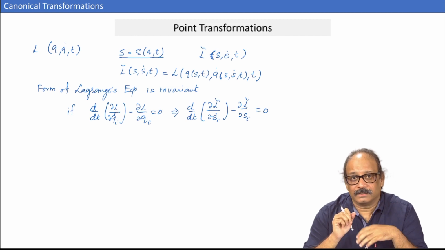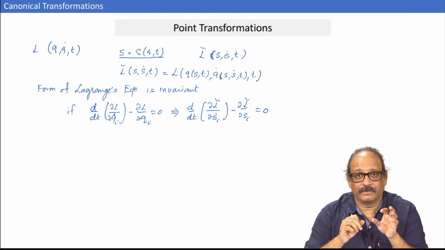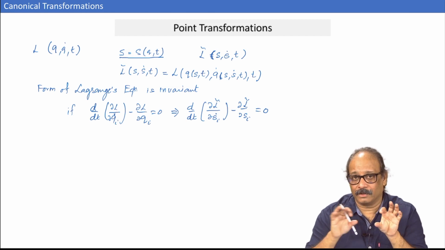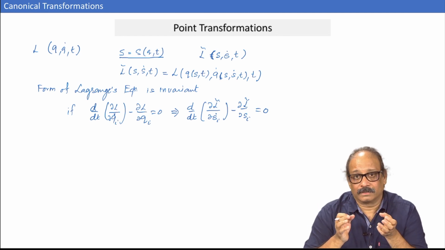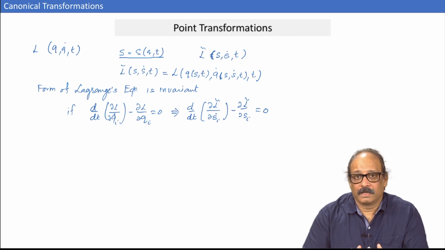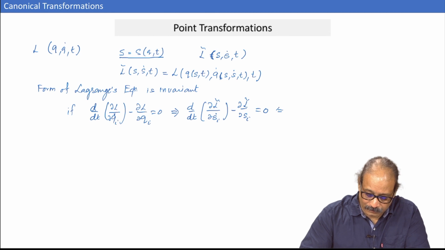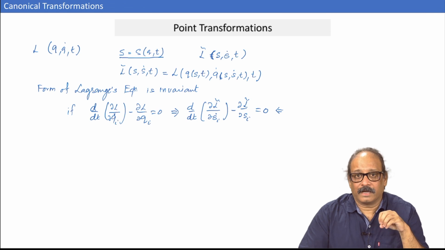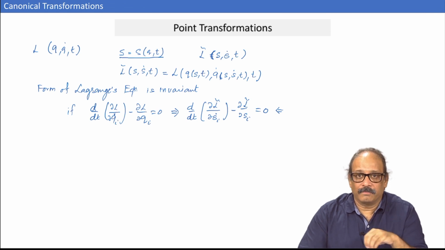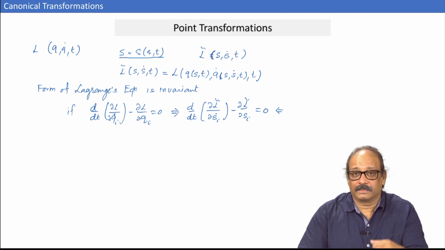But if I make a change of variables to r and theta, now the equations do not simply look like m r double dot is equal to the r component of force. Okay. They do not. So, the form of the Newtonian equation changes with changing coordinate system. The great thing that happens with the Lagrangian formulation is that Lagrange's equations are form invariant under the coordinate transformations, or any generalized coordinate transformation.